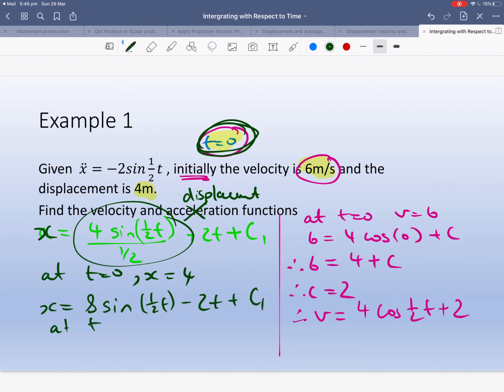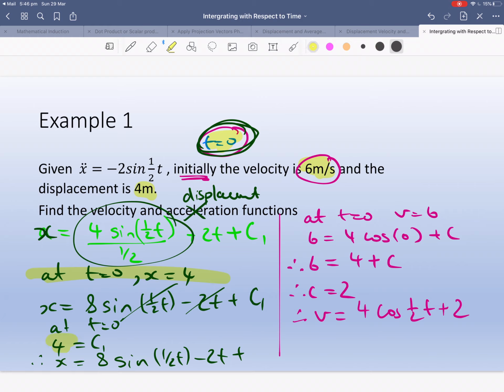At t equals 0, which is what I have up here, sine starts at the origin, so it'll make this 0, make that 0. So therefore 4 equals c1. So therefore x equals 8 sine half t minus 2t plus, what's our c1? It's 4, so it's going to be plus 4.